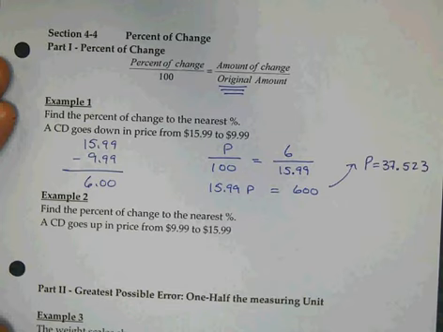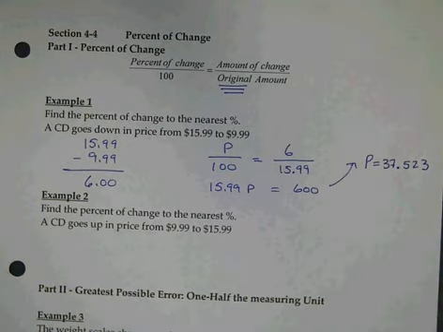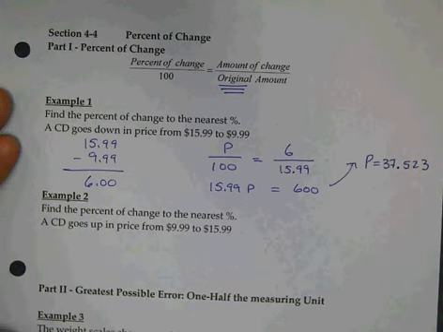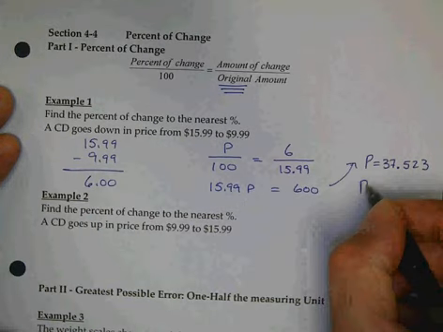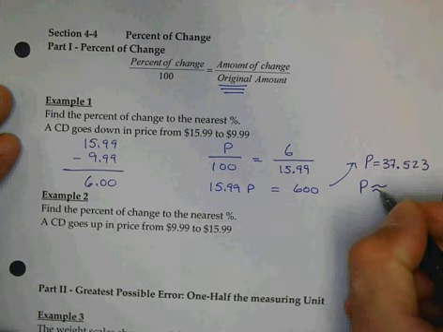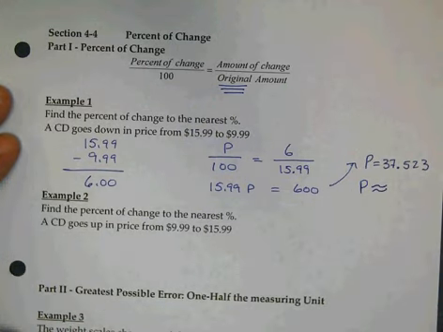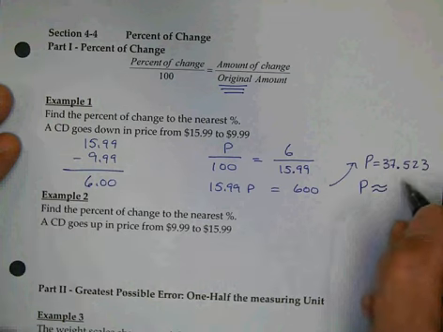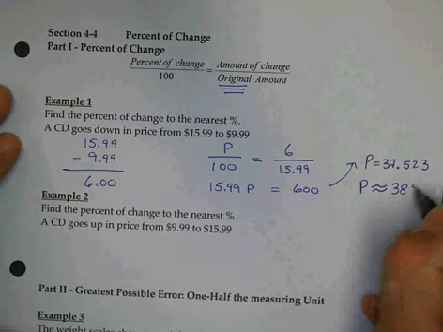It says to round to the nearest what? Nearest percent. So now we're going to institute a new symbol, a squiggly equal sign, which means approximately. So rounding to the nearest percent, 38%.